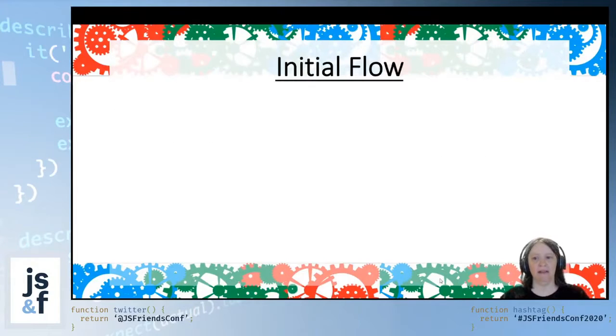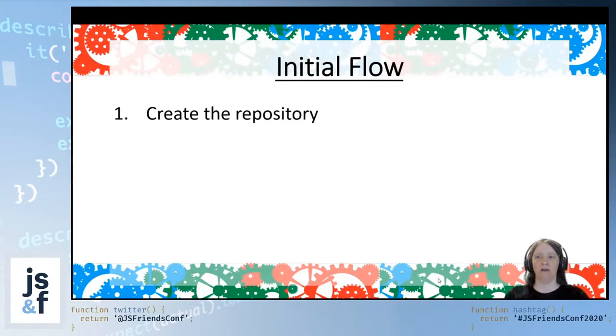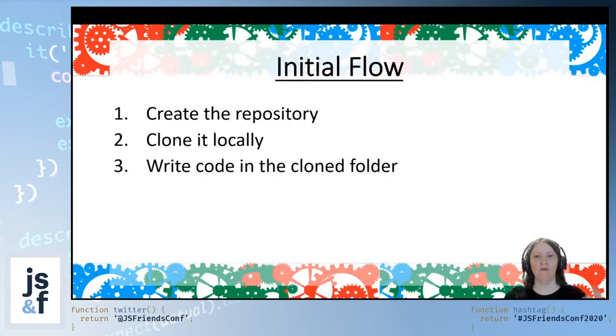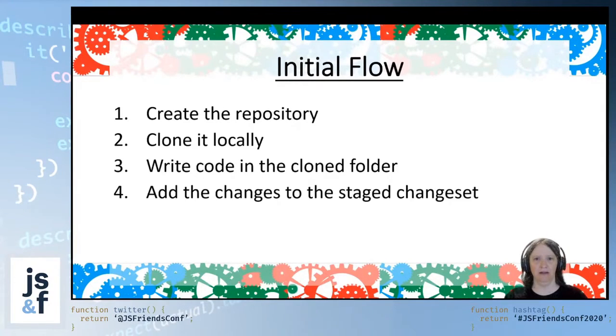Now, the initial flow of Git in general. You can either create the repository locally and then add all the Git setup and then push to the server. Or the way I prefer to start, because of ease of use, is create the repository and then clone it locally. Write the code locally. Add those changes to a staged change set.